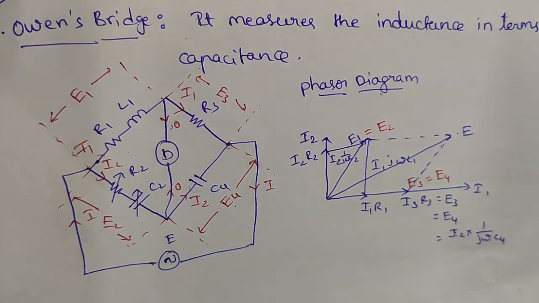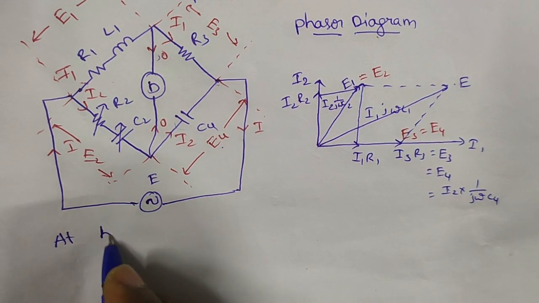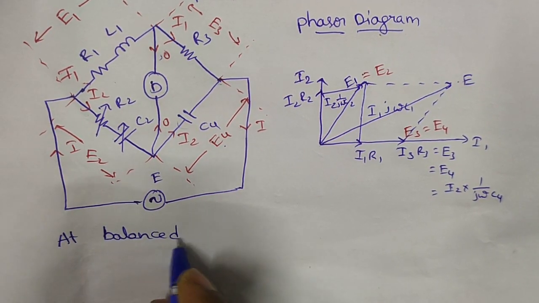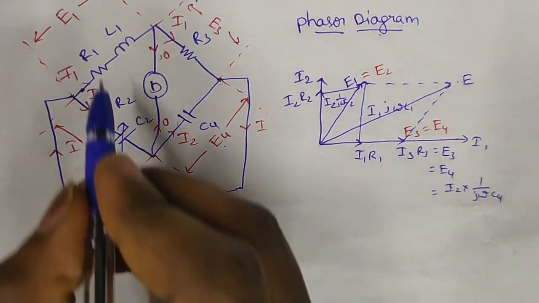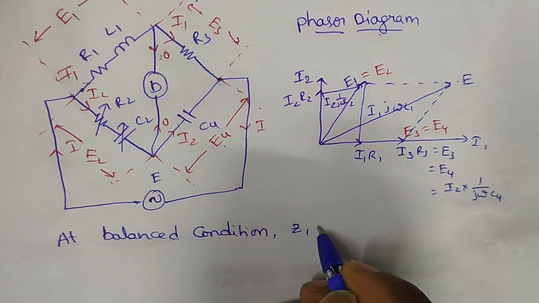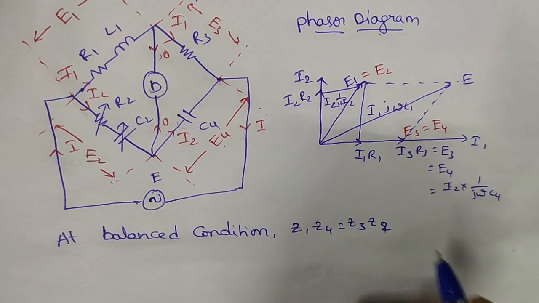Now bridge balance condition. At a balanced condition, Z1 Z4 equal to Z3 and Z2.